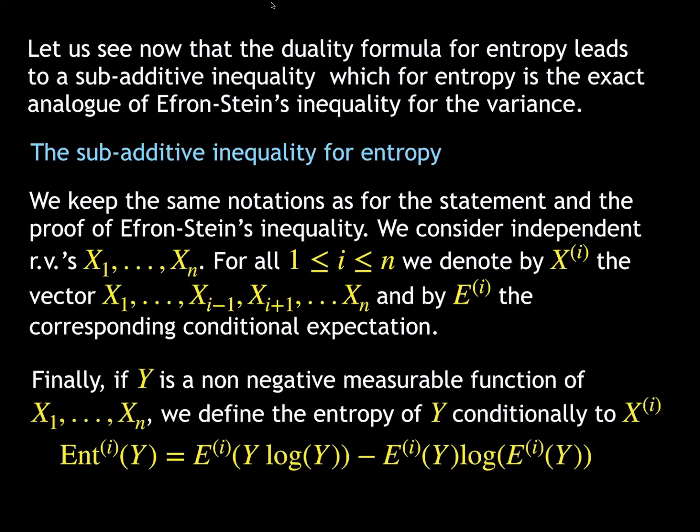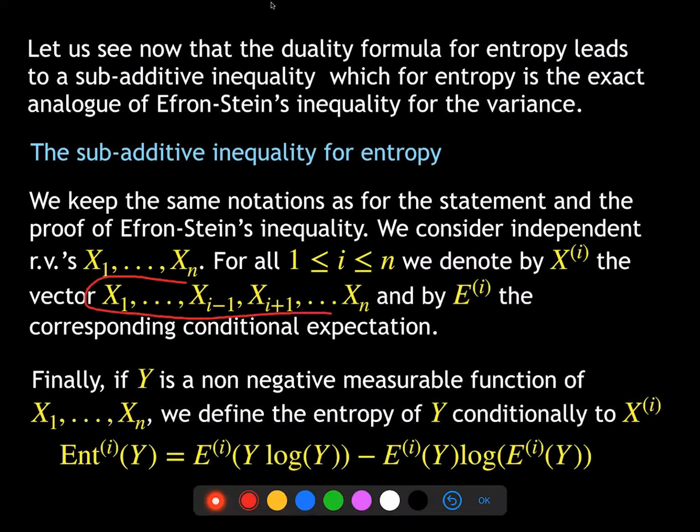You look at the definition of entropy, but you replace the expectation by the conditional expectations. Okay, so the conditional expectation, conditional to what? Conditional to X bracket I, where X bracket I is always defined as this guy here, that is all the variables but number I.